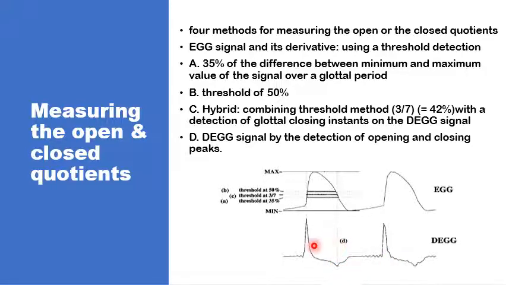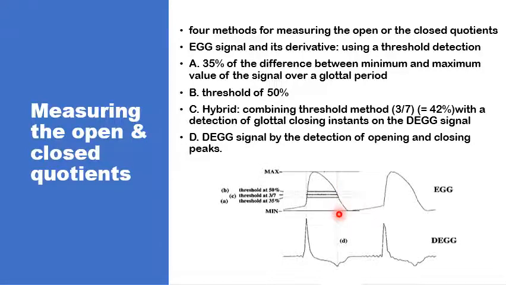In most cases, you can still identify the positive peak. There are three other ways of measuring the start and the end of the open and the closed phases. Two of them would depend on the threshold between the minimum and the maximum amount of the glottal area.